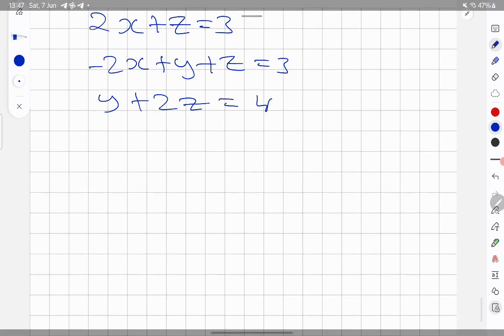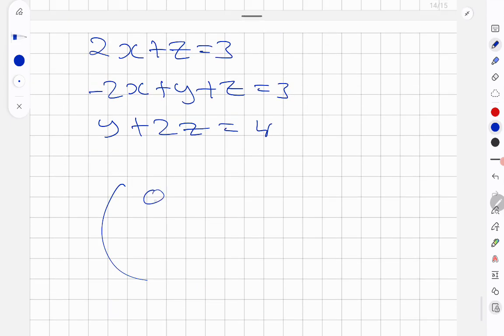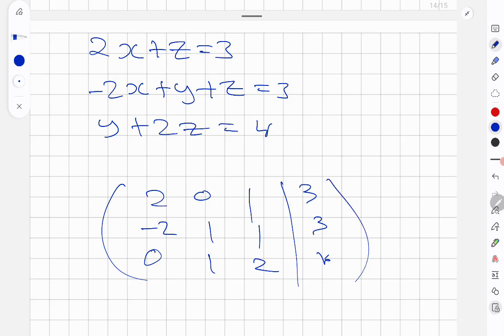If you solve this one, 2 0 1, minus 2 1 1, 0 1 2, equal to 3 3 k.